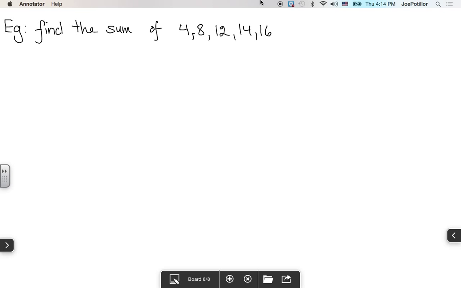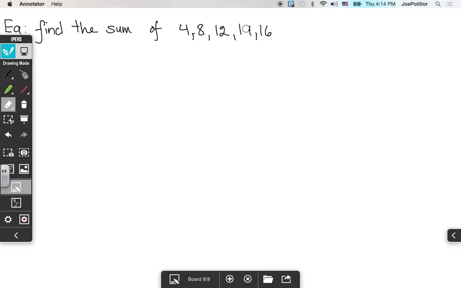So now let us do an example of how to calculate some sums. So here's our example. Find the sum of those numbers.